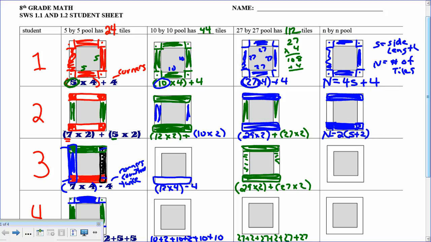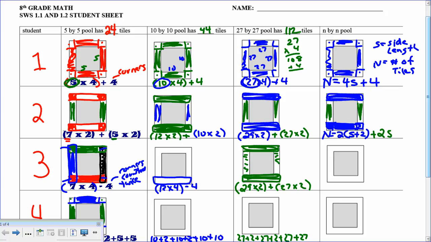And then there's 2 other sides to it, so we're going to add 2 sides to it. So that equation is 2 times parentheses S plus 2 plus 2S. That's how we can use this equation to find certain lengths here.